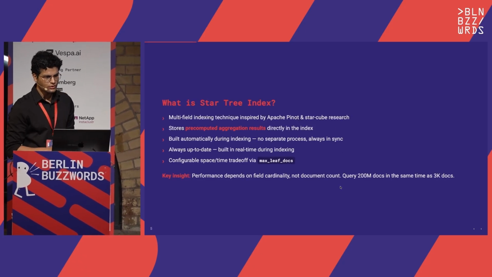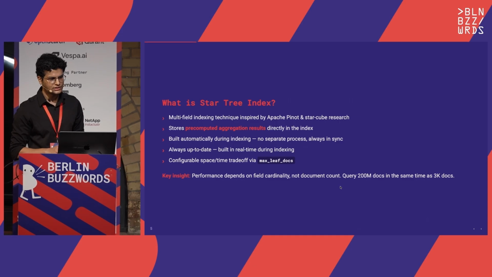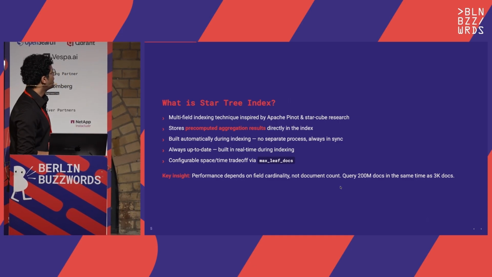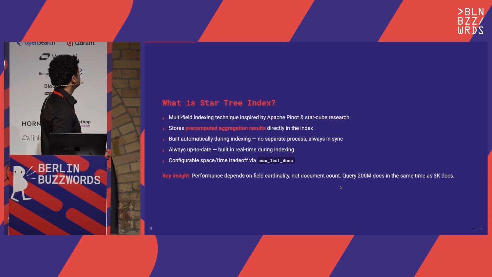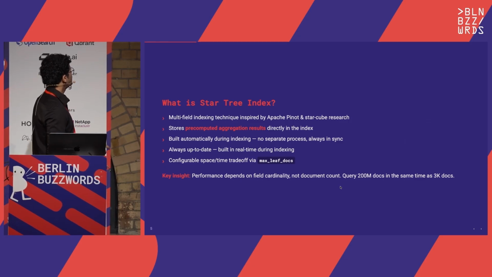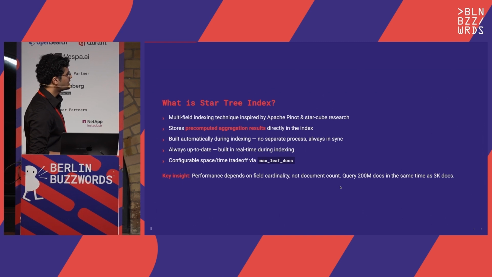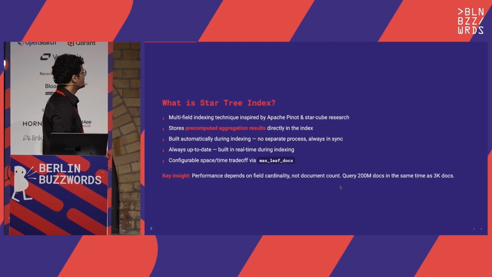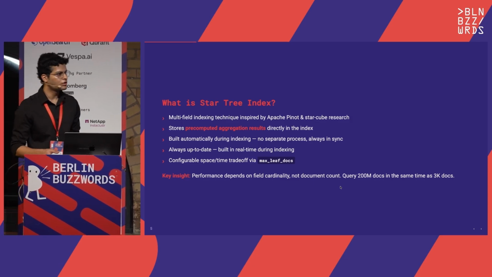Let's talk about what the star tree index is. Star tree is a multi-field indexing technique inspired by Apache Pinot and star cube research. It stores pre-computed aggregation results like sum, max, min, and averages directly in the index. It is built automatically during indexing, so no separate processes, no batch jobs.